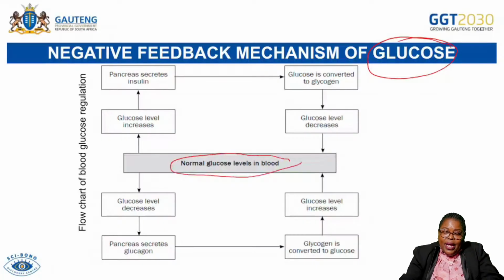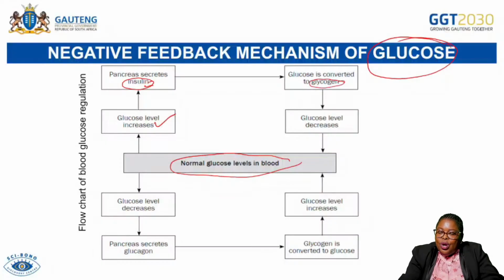Then what will happen if the glucose level in the blood increases? The pancreas is going to secrete insulin. Remember, the glucose level has increased. Then the pancreas as the organ is going to secrete what? Insulin, right? Then glucose is going to be converted to what?